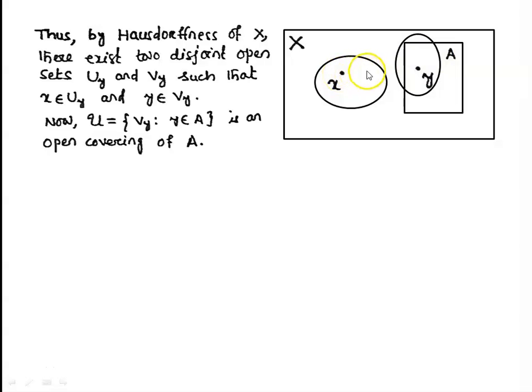Corresponding to this x, we will get a Uy which contains x, and corresponding to every y in A, we will get a Vy which contains y. Now if we collect all these Vy containing all points y in A, we will get a cover of A.